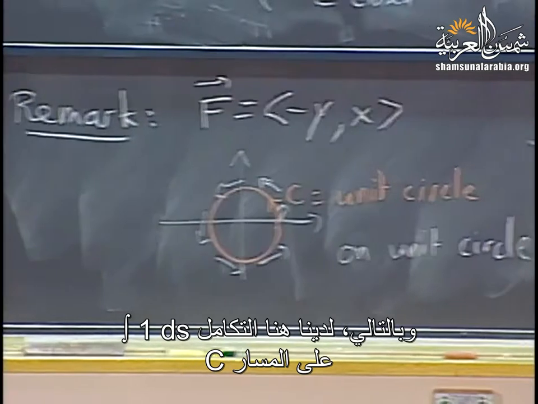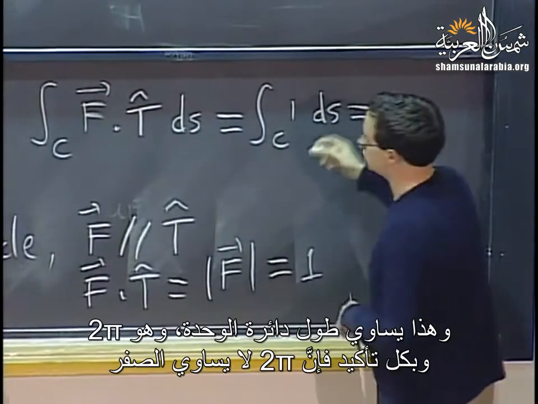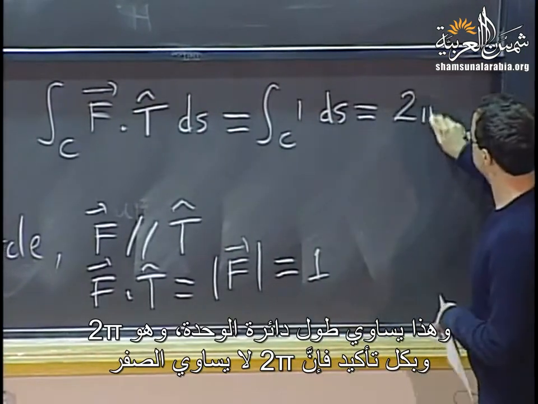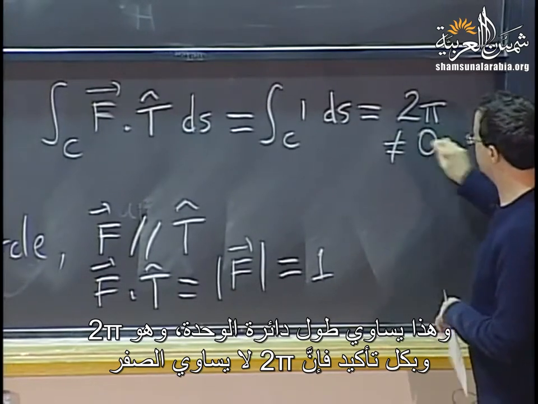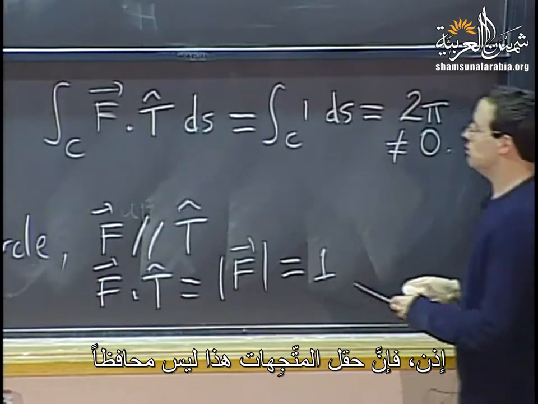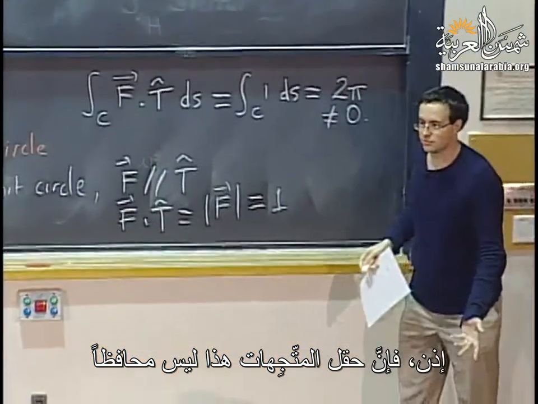So that's the integral of 1 ds, so that's just the length of the circle, that's 2 pi, and 2 pi is definitely not 0. So this vector field is not conservative.